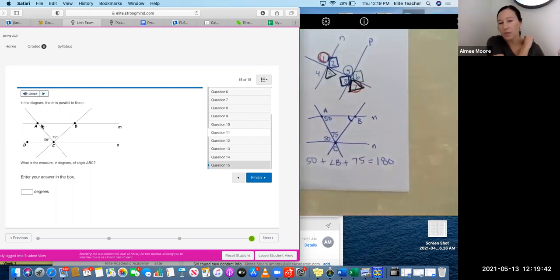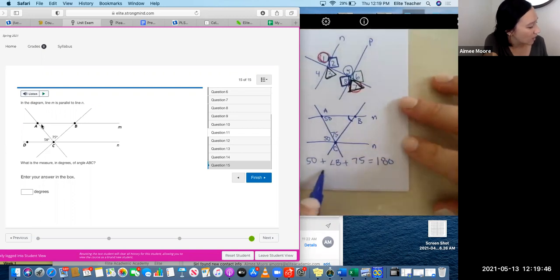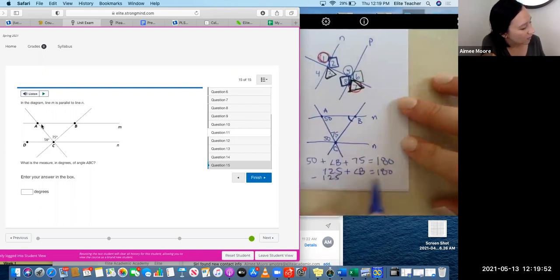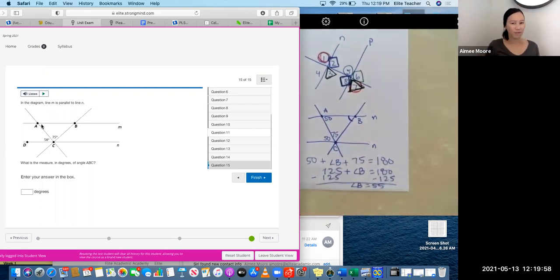This is just the fancy way of showing your work. Exactly how you explained it, Brendan, is perfect. So 125 plus angle B equals 180. We subtract 125, and angle B is 55.